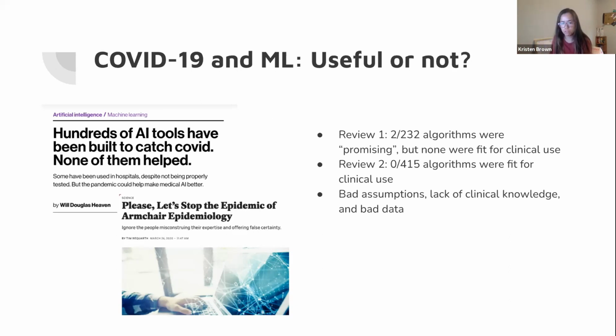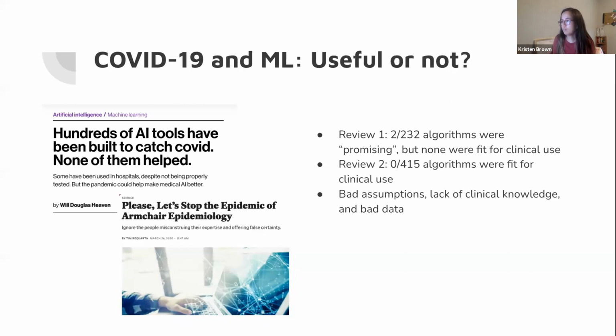There were lots of dashboards created, lots of algorithms on early data sets that tried to screen whether or not patients had COVID, or were likely to survive COVID. The intent there was good, but it wasn't necessarily fully thought out in the end.